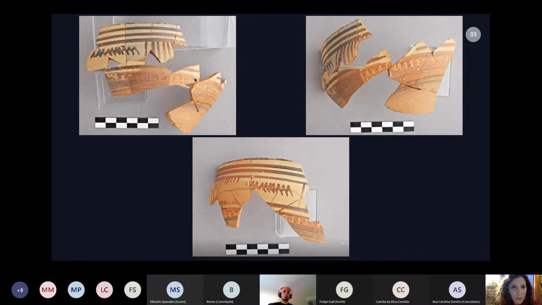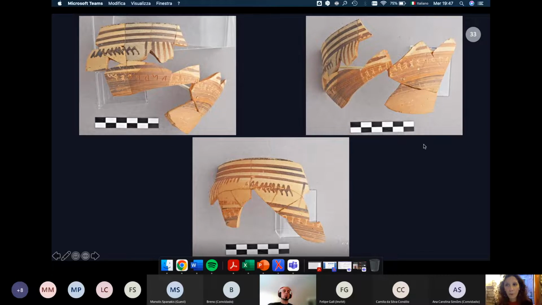You can see pretty clearly the name here, Akesandros. And this inscription is written on two different lines that are very close. So you can read here the last part of the inscription, and here the first part of the inscription with the name.